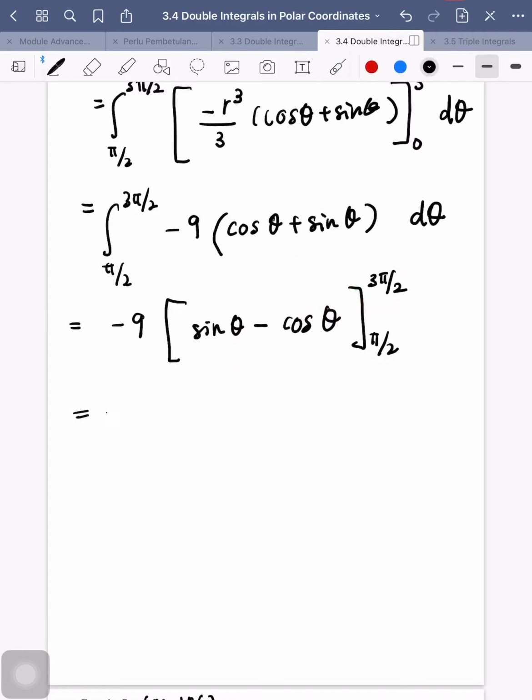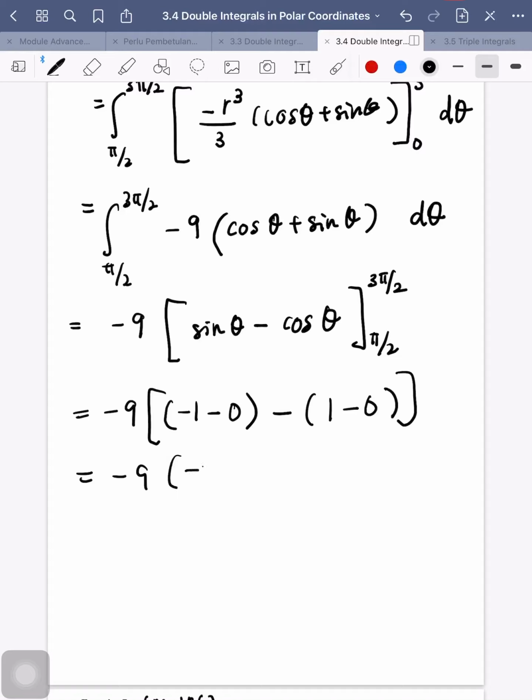So, negative 9 times sine of 3 pi over 2, you will have negative 1 minus cos 3 pi over 2 is 0. Minus lower limit, sine pi over 2 is 1. Minus cos pi over 2 is 0. So you will have negative 9, negative 1 minus negative 1. I have negative 2. So your answer is 18.